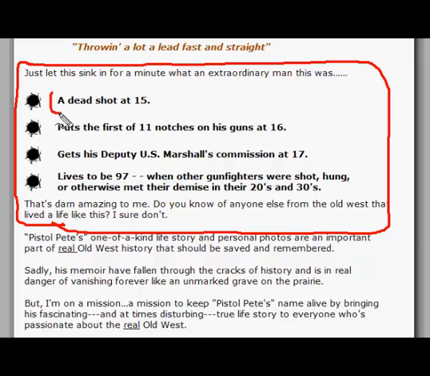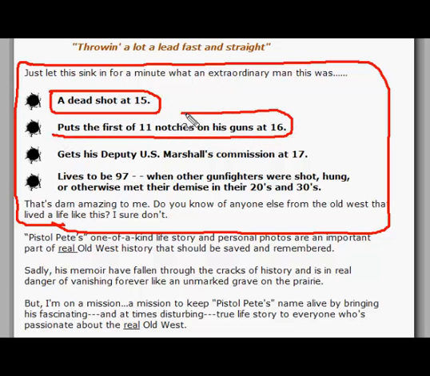So, for example, instead of saying that he was a dead shot at 15, you say you'll discover how early he was able to be a dead shot. Okay. Instead of saying he puts the first 11 notches on his gun at 16, you put it in the form of a question instead. In other words, instead of revealing what the person did, you build a question of curiosity in the person's mind, where the book would give them the answer.